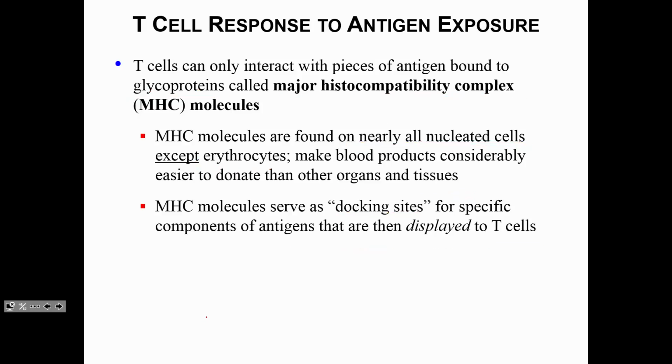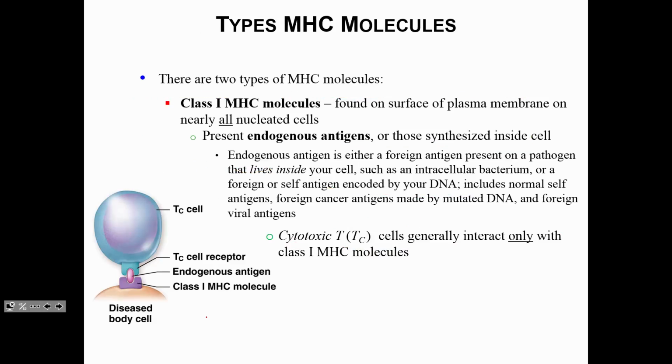All right, let's keep going here. There are two types of MHC molecules, class 1 and class 2. Class 1 MHCs are found on the surface of the plasma membrane on nearly all nucleated cells. They are going to present what we call endogenous antigens. Endogenous antigens are those that are made inside the cell.